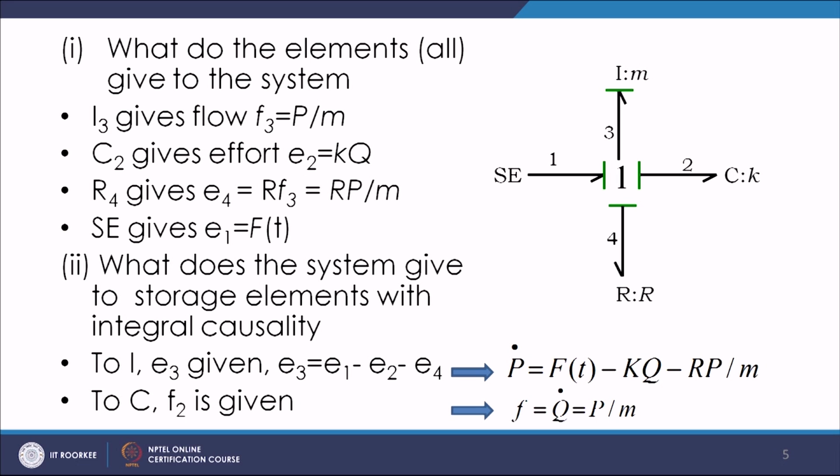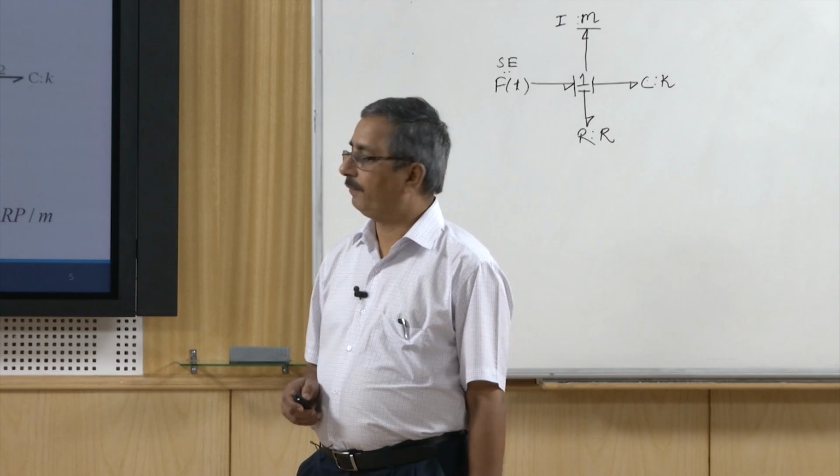So, whatever F4 is there, it is the same as that of F3. So, here I have directly written it as R F3. Then I can substitute for this F3, so I can write this as R P by m. And SE will be giving an effort, and in this case it is the force. So, SE, E1 is equal to Ft, fine.